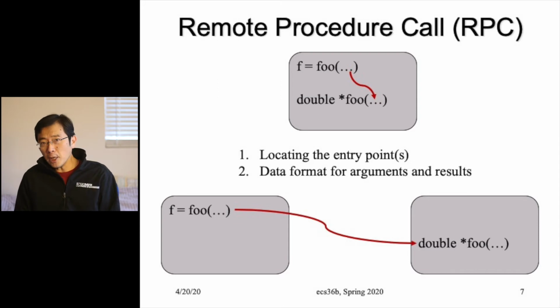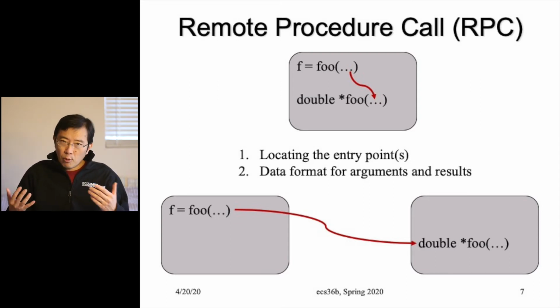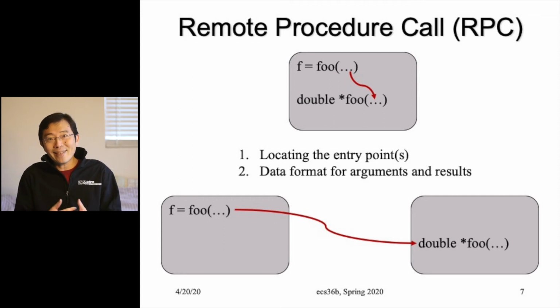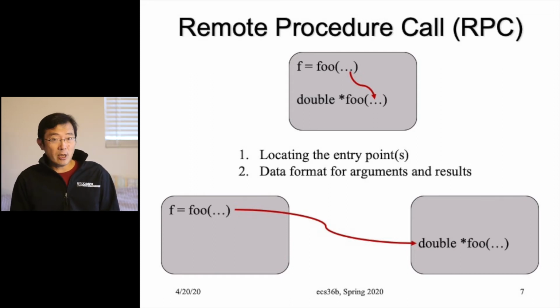But what we really want to do in the concept of remote procedure call, when you say remote procedure, it means that we're going to do this remotely. So we essentially now split the caller and the callee. The caller, which is the one who wants to call the function foo, is on the left, while the callee is actually on the right.